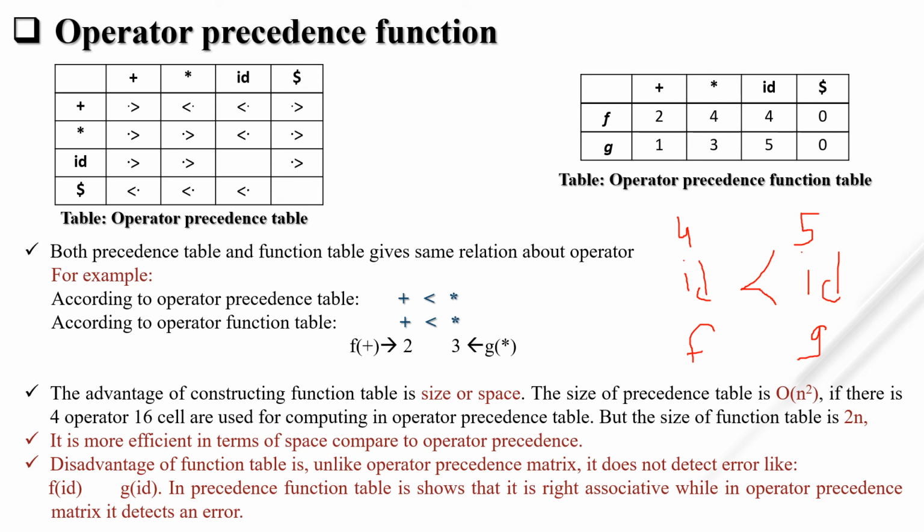This is the disadvantage of the function table: it cannot detect an error like this. The precedence function table shows it as right associative, while the operator precedence matrix detects an error. This is a major disadvantage of the operator precedence function table. But the biggest advantage is that it consumes less space compared to the operator precedence matrix.